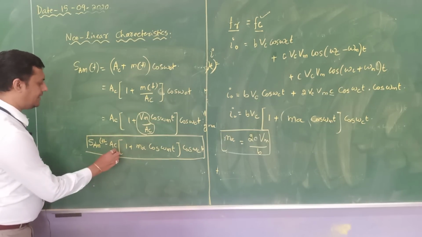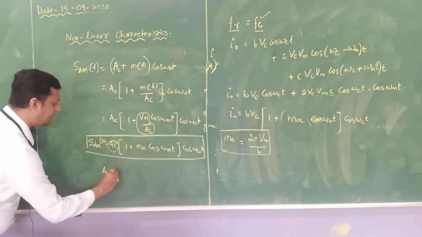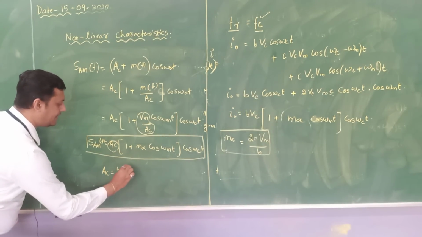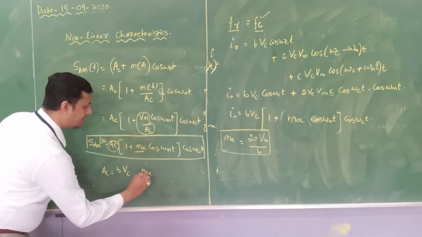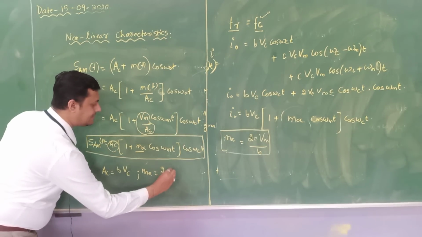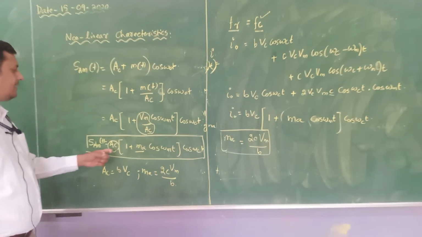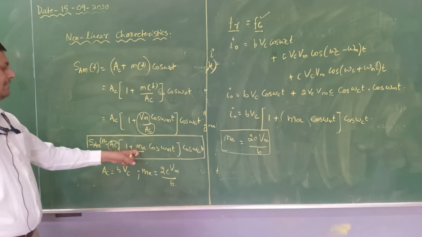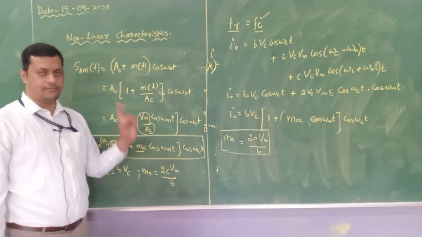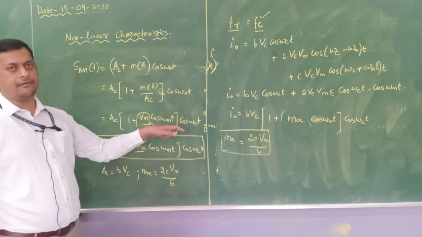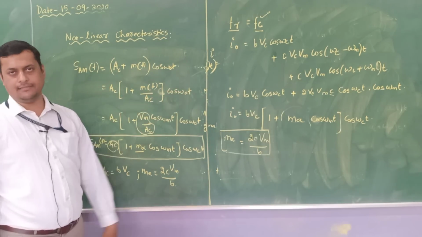So if I compare these values, AC is equal to B into VC, and Ma is equal to twice C into Vm divided by V. AC is equal to B into Vc, Ma is equal to 2C into Vm by V, and cos omega mt, cos omega Ct. I have derived that the output current of a tuned circuit is called an AM signal.